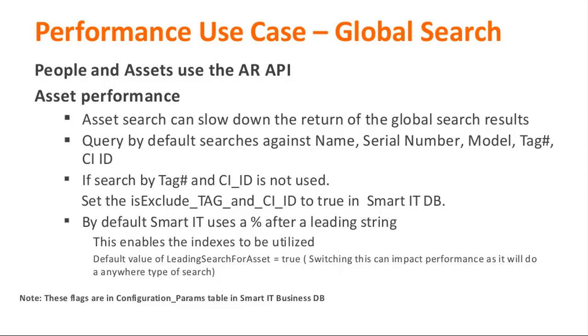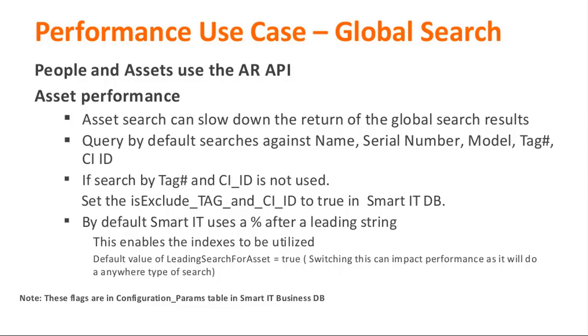Name, serial number, and model come from the BaseElement; tag number and CIID come from AST:Attributes. So under the covers, the database only has to get data from one part of the join, and it's much faster. I would recommend setting this flag to true if you're not searching on tag number and CIID, and this will vastly improve the performance.